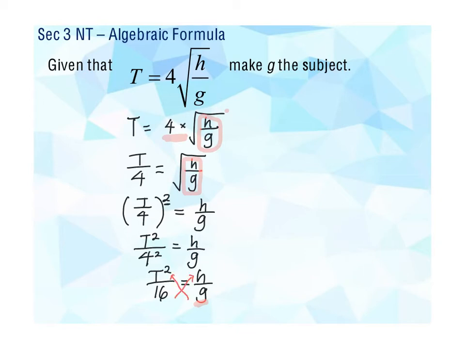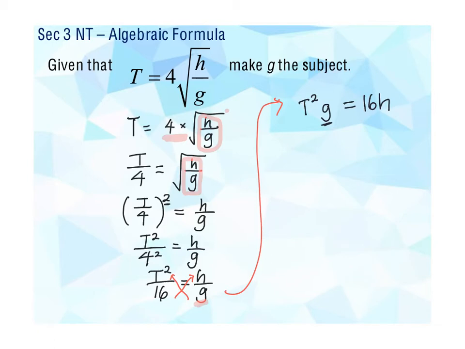If you cross multiply, with the equal sign in the center, this one will give us T squared times G, and 16 times H. Now I only want G, I don't want T squared, so I write the whole thing as divided by T squared.